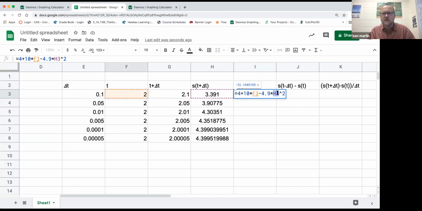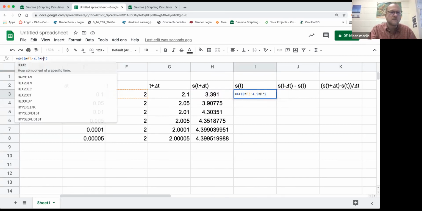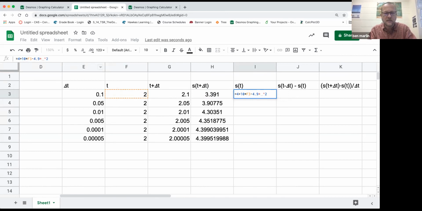And I have to do the same thing for the other H3. And I managed to not do that. So I will by hand delete them and put F3. So 4 plus 10 times F3 minus 4.9 times F3 squared. Okay, yeah, that sounds right.